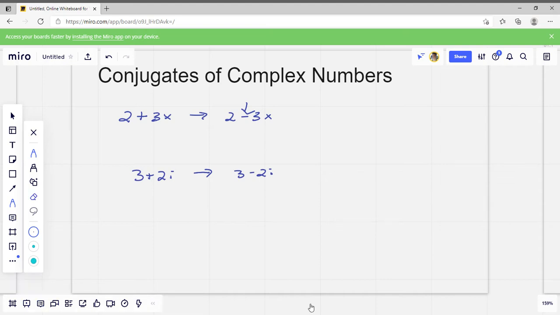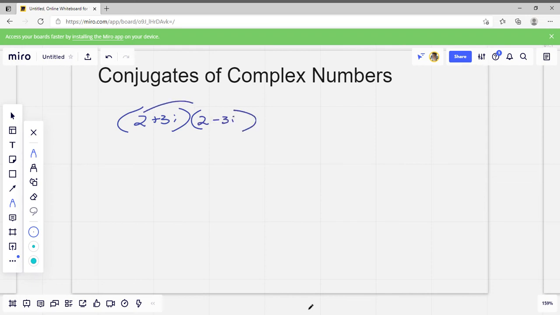Now, if we multiply conjugates of complex numbers, let's say that we had our 2 plus 3i. If we multiply it times its conjugate, it's going to get rid of that imaginary part. Remember, the middle terms are going to cancel. So 2 times 2 we would get 4. 2 times 3i would be negative 6i. Then here we would have positive 6i.